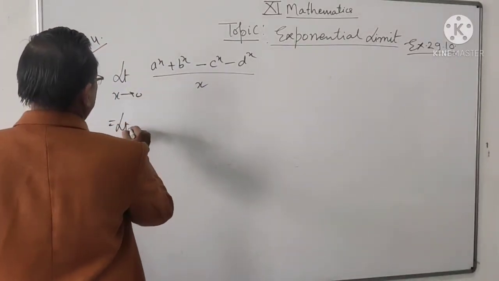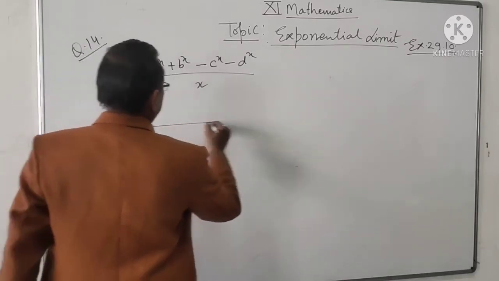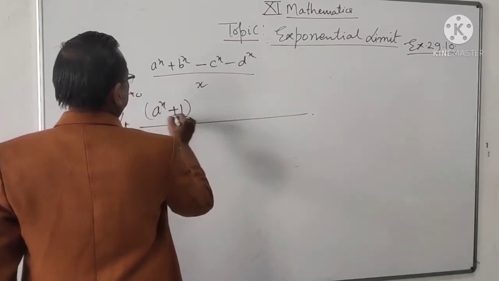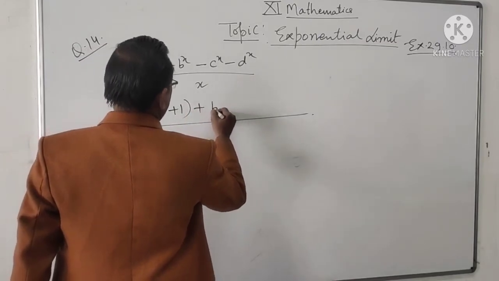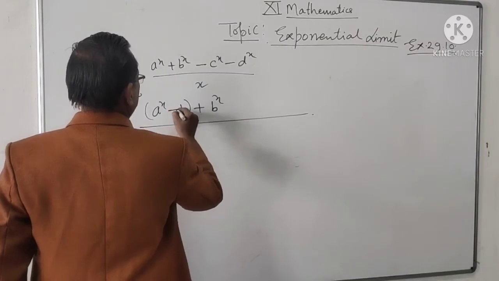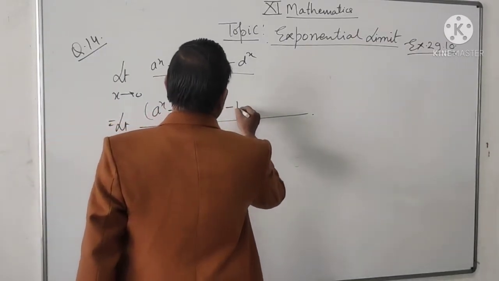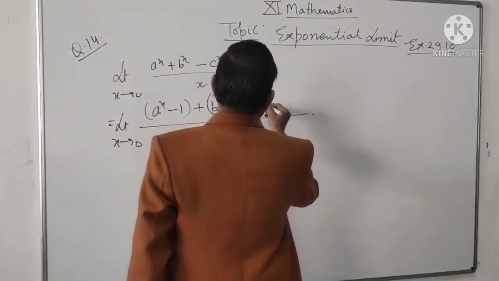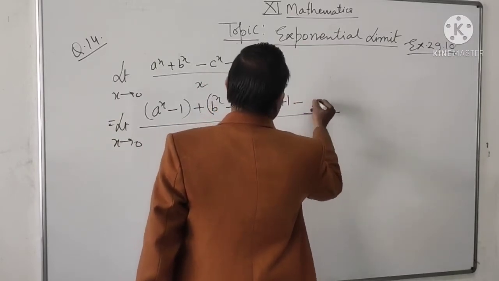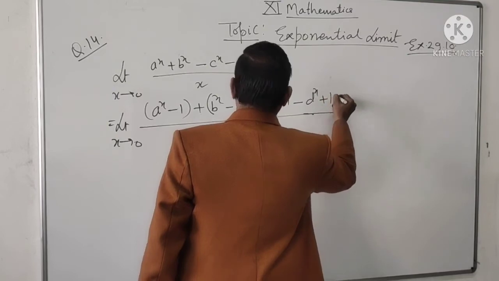So it is limit x tends to 0. We will write a power x minus 1 plus b power x minus 1, minus c power x, suppose plus 1 is here, minus d power x and plus 1 is here.